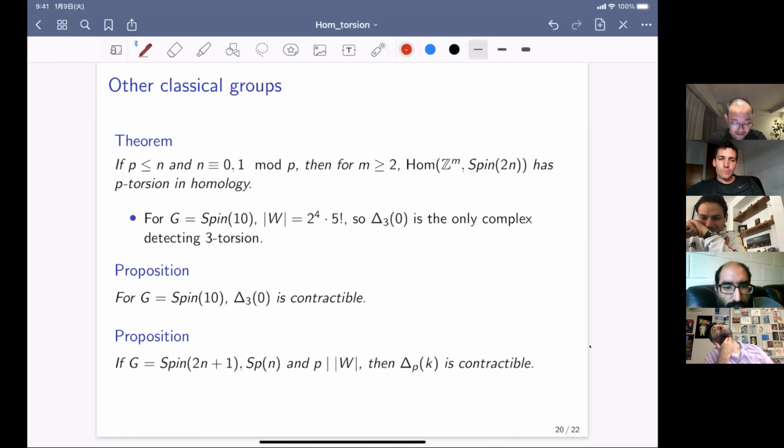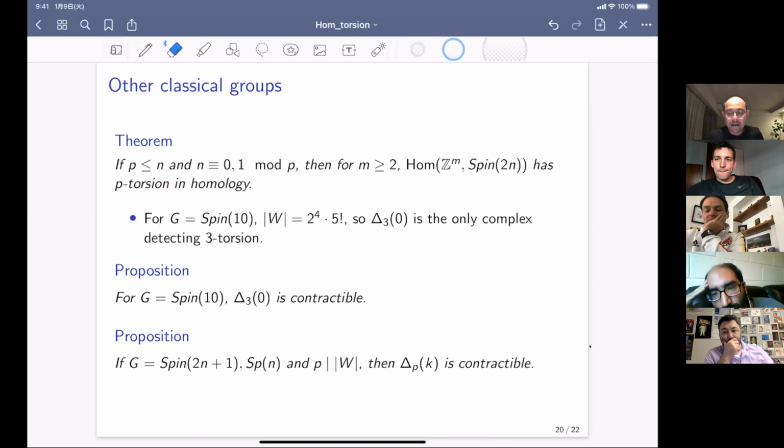But we can see that delta 30 is contractible by using discrete Morse theory. So this doesn't work. But please remember that this doesn't imply that Hom(Z^m, Spin(10))_1 does not have 3 torsion in homology.